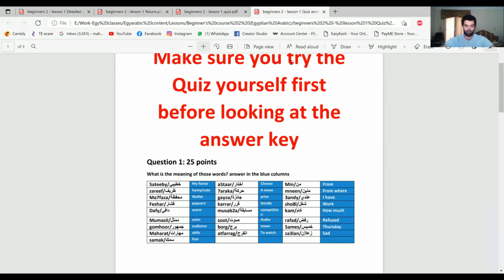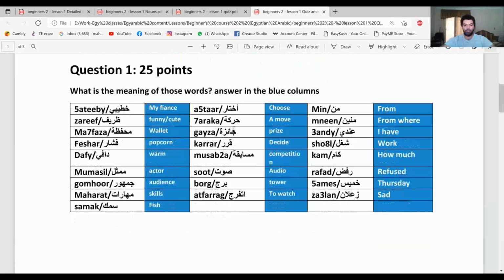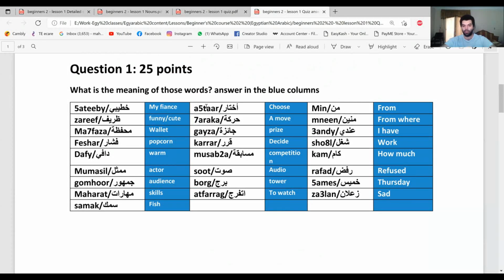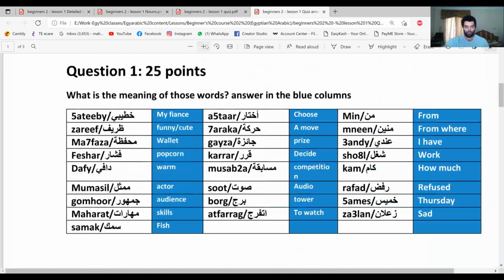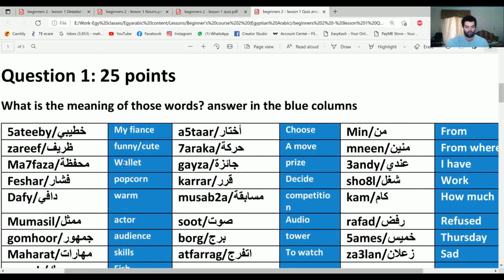So here it says, make sure you try to take the quiz first before looking at the answers. So the words here are from the words and the stories that we've learned before. So here it says khatibi, my fiance, zarif, funny or cute. Yeah, mahfaza, it means wallet, right there.